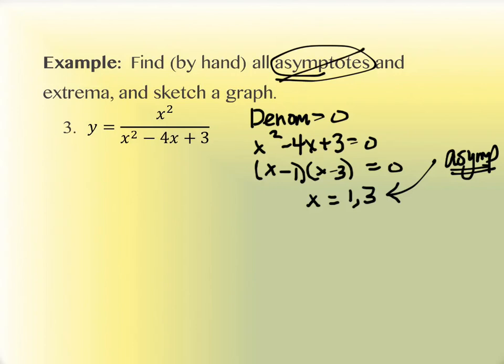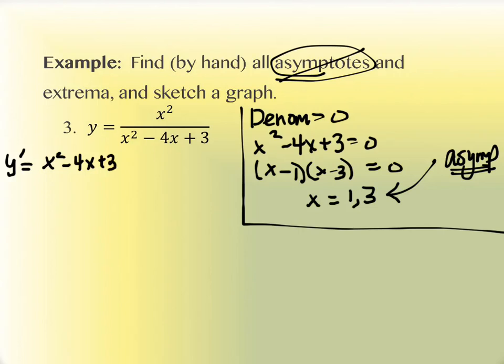So how do I find extrema? Derivative. That's a little bit more complicated than setting that denominator equal to 0, because this is a quotient rule that we have to do. You bet. All right, so we've got our derivative. How do I do my derivative for a quotient rule? Okay, so there's my denominator.